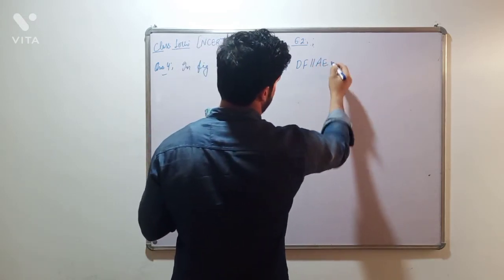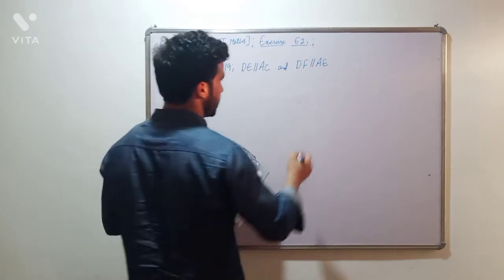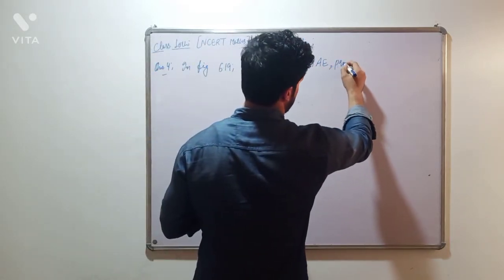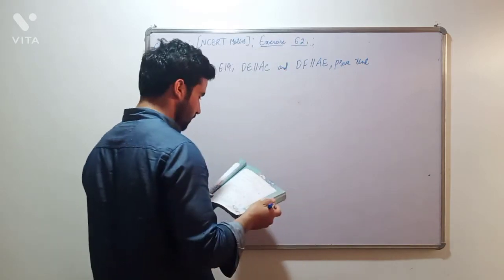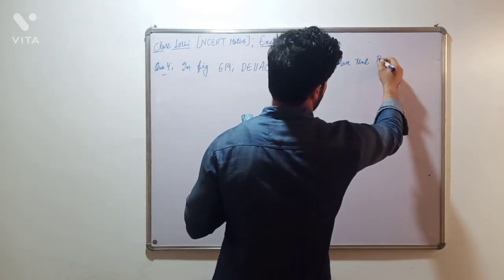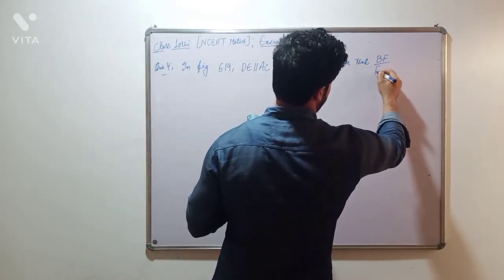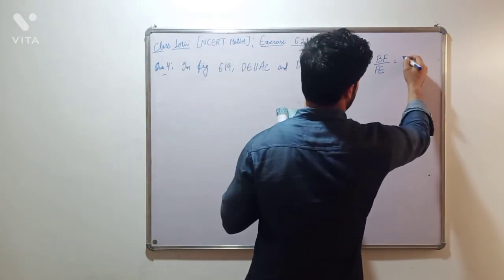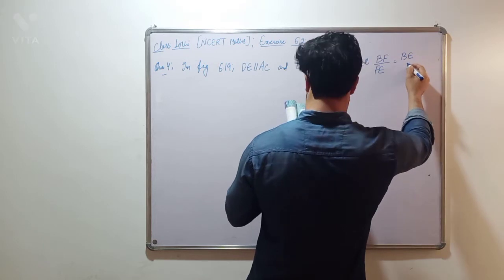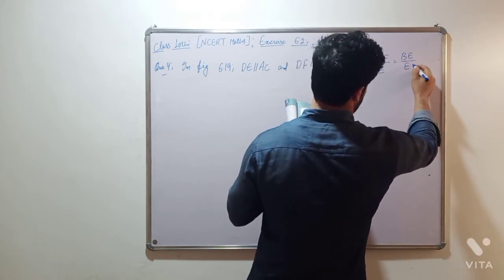So we are being asked to prove that BF by FE is equal to BE divided by EC.